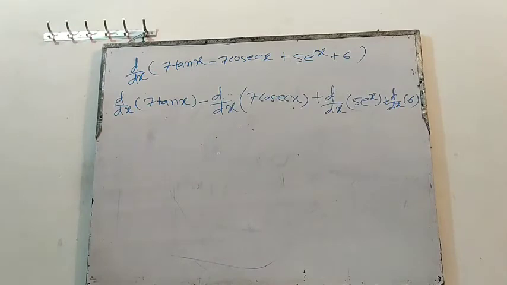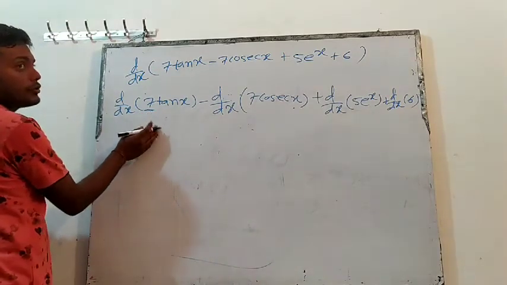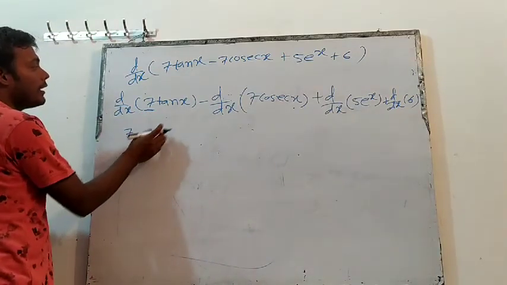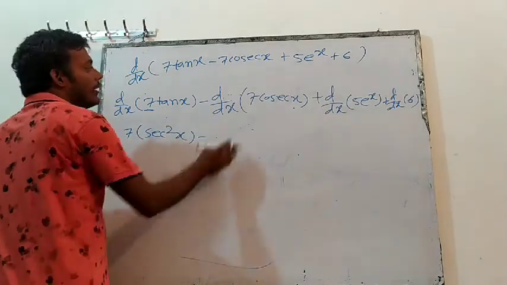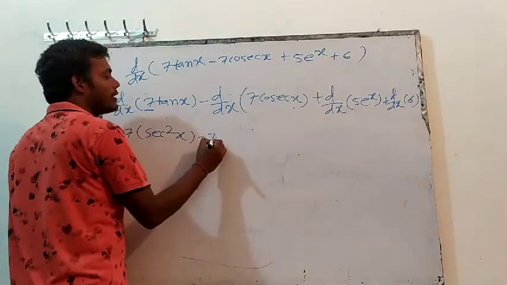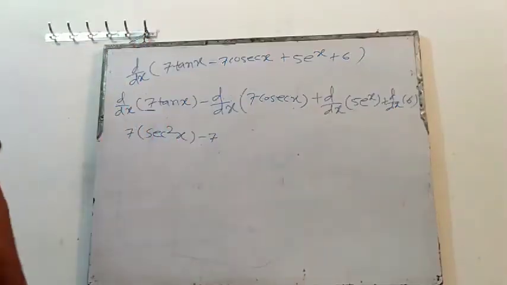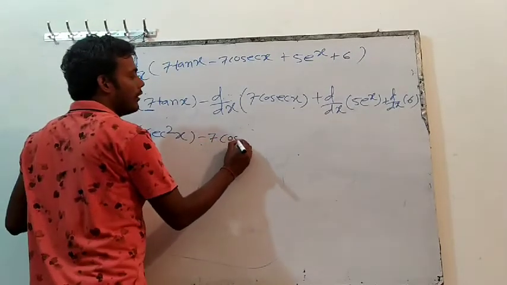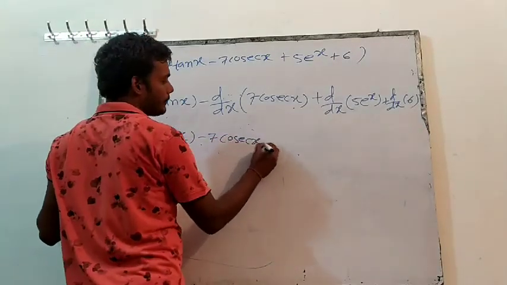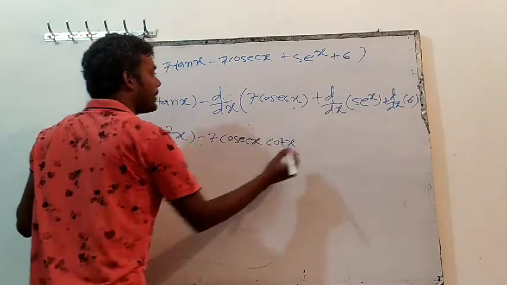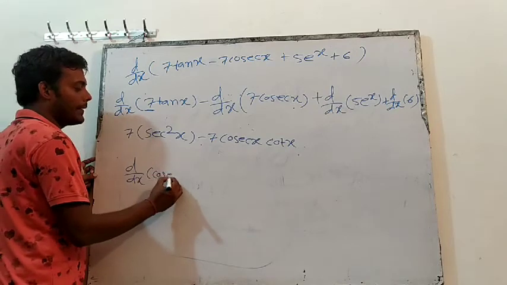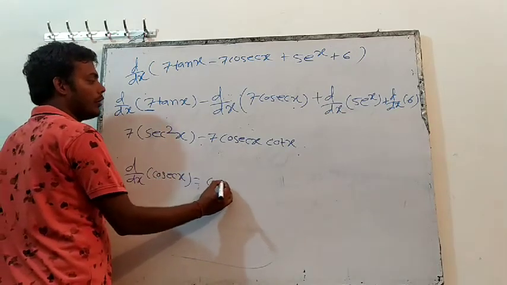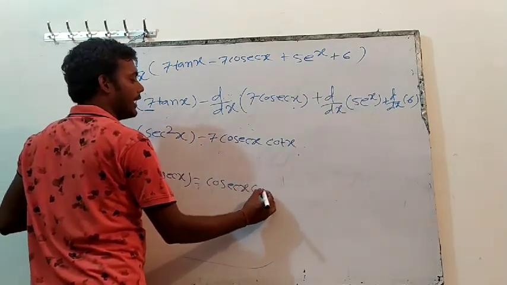Differentiation of 7 tan x. 7 is a constant now, so the constant will be outside the differentiation, and the differentiation of tan x is sec square x. Minus, this 7 is a constant, so it will be outside, and the differentiation of cosec x is minus cosec x cot x.